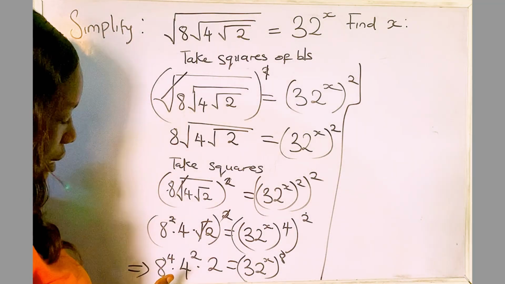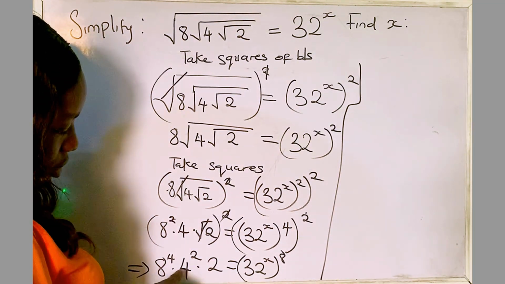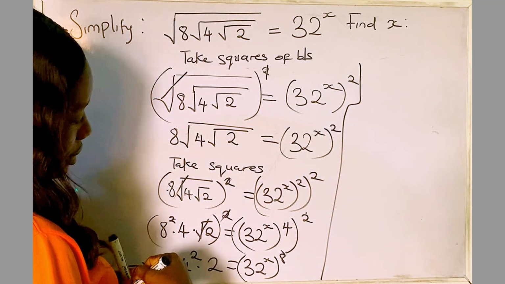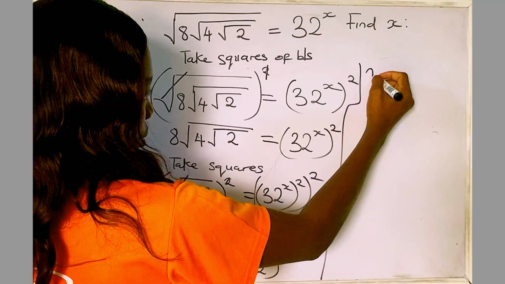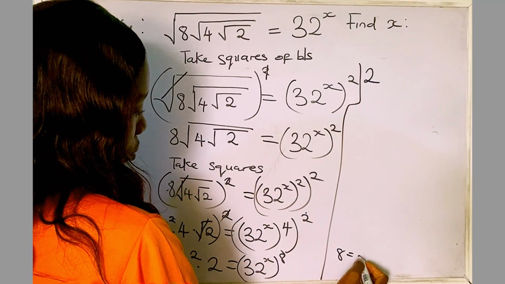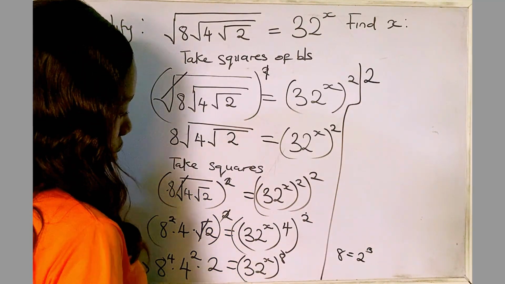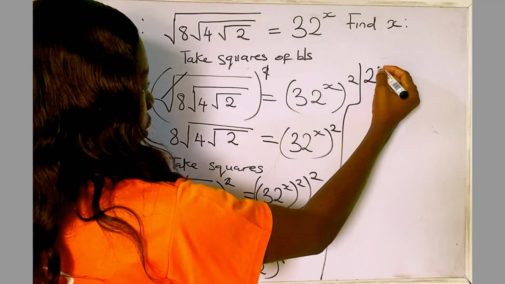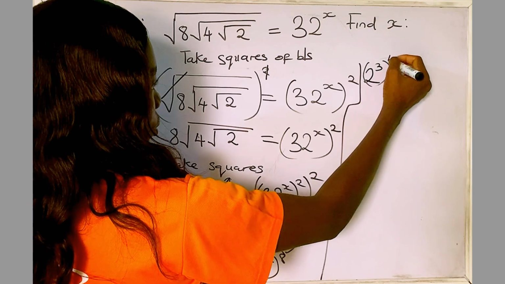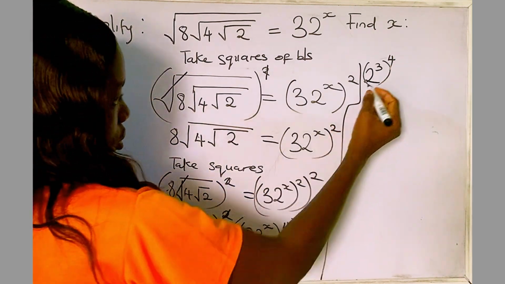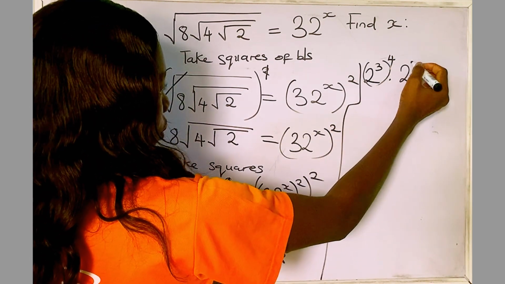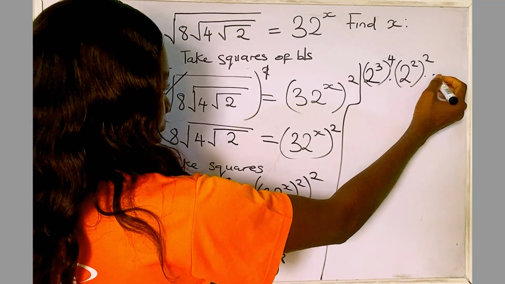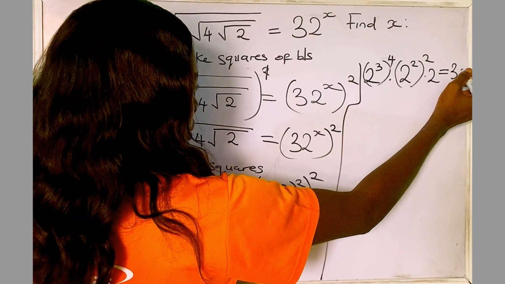For simplicity, let's convert these numbers to the power of 2, to make them base 2. So we can say that 8 is going to give us 2 to the power of 3, right? Yes. So now this becomes 2 to the power of 3 multiplied by 4, then multiplied by 2 to the power of 2, then 2 multiplied by 2 is equal to 32.